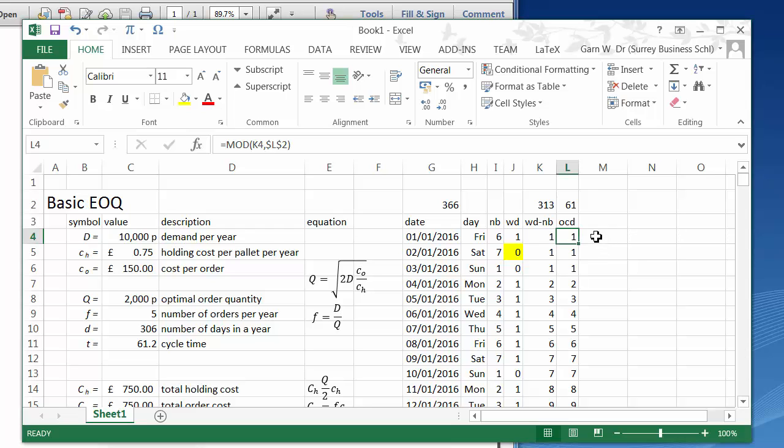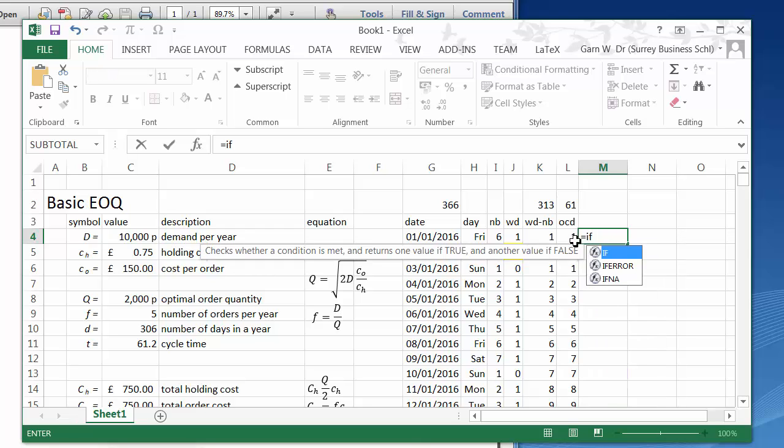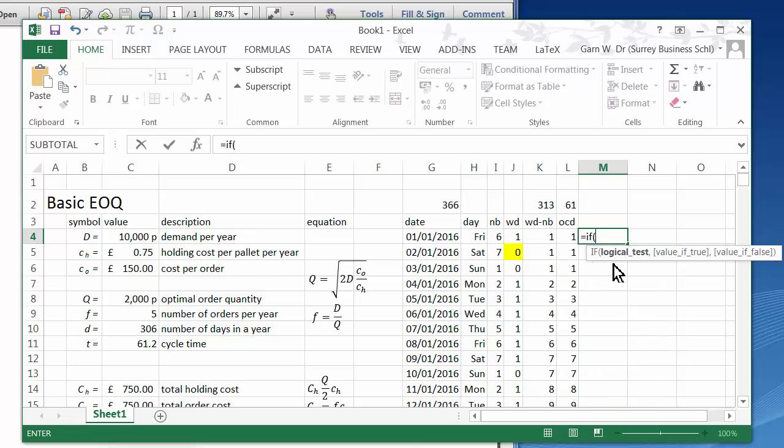Okay. If OCD equals 1, then we reorder. Okay, how much do we order? That's an interesting point. The optimal order quantity is 2000. If this is not the case, then we don't order anything.